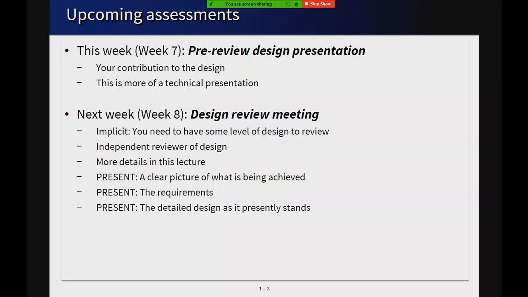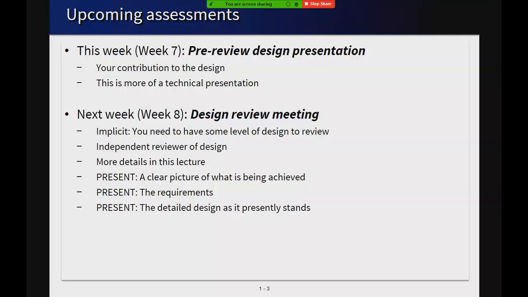The design presentation is essentially your opportunity to show the facilitator what you've done within the technical aspects of your design, right?